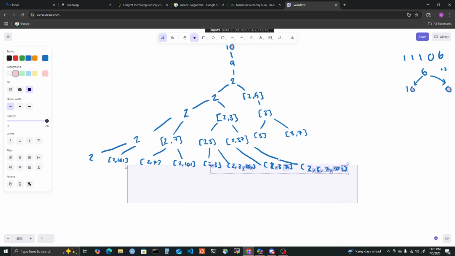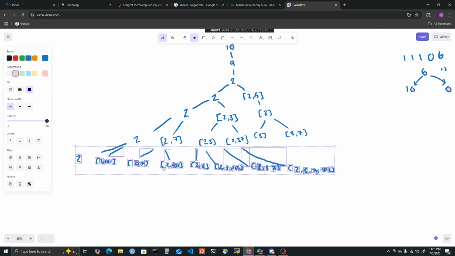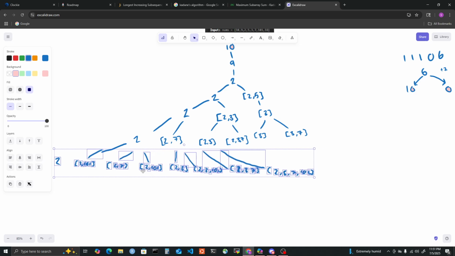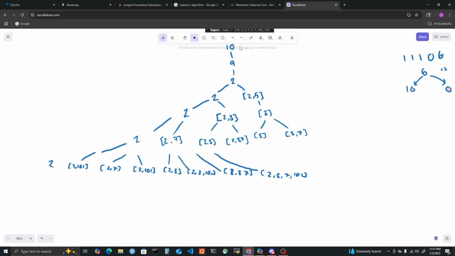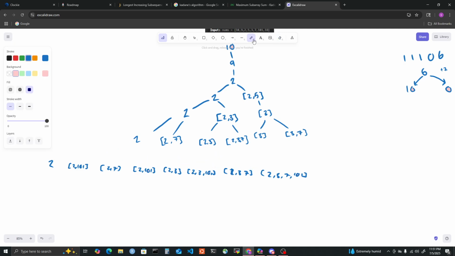I'm gonna have to move this. Crazy. Look how far that is, and boom, whatever.